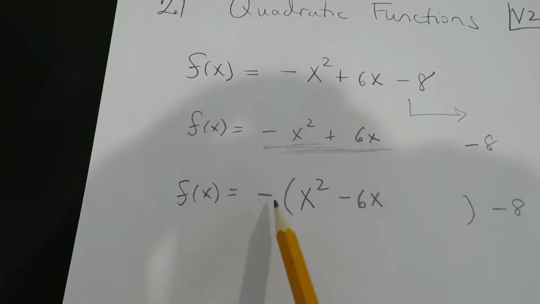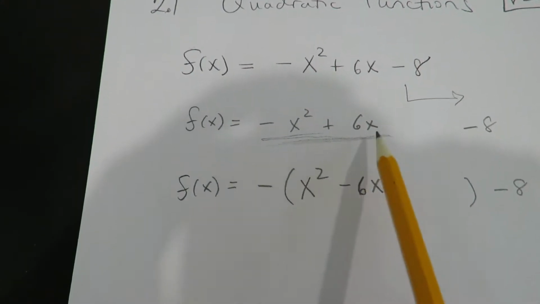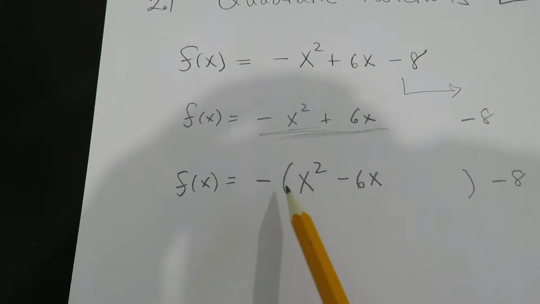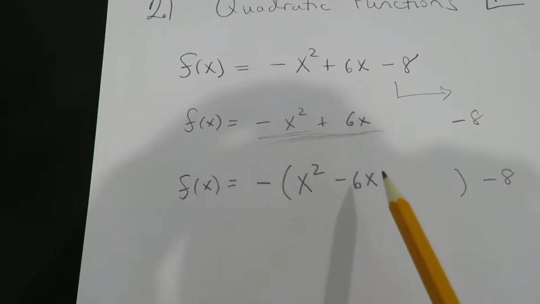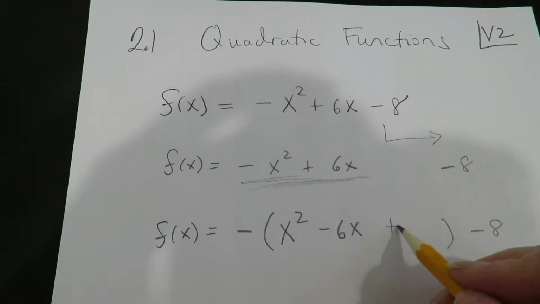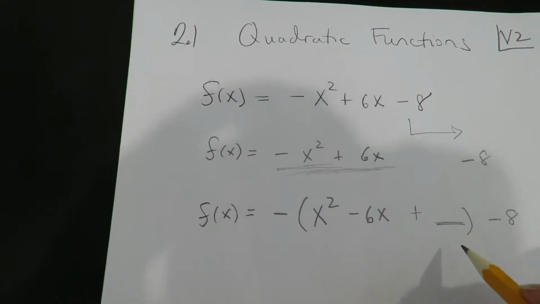Because I'm factoring out a -1 from both these terms, it makes this one negative, right? Because if I distributed this back in, it would give me back this. All right, so now I'm good to put in that third term to calculate it.